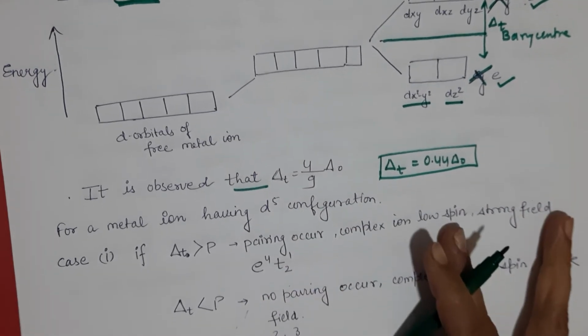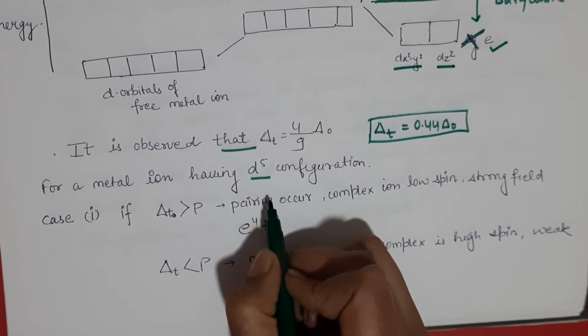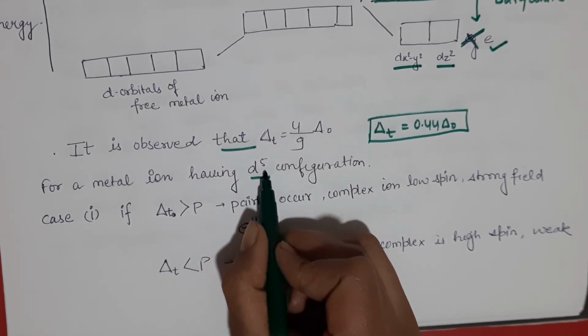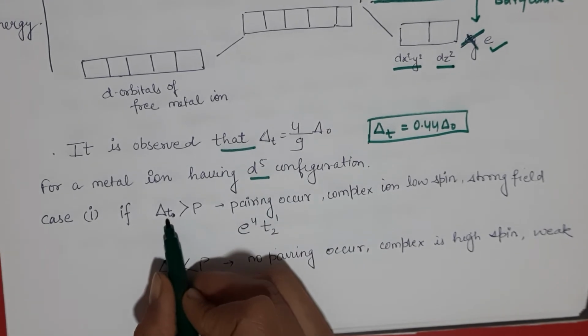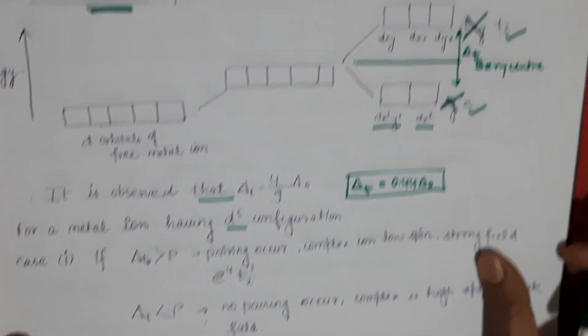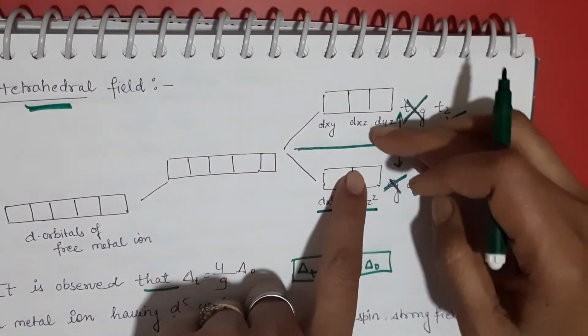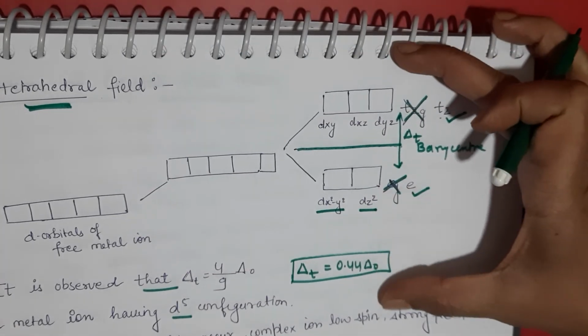Okay. So let's say we have to write the electronic configuration in tetrahedral. So if it's a d5 configuration, it's an example. If you have a d5 and delta T is higher than delta P, delta T is higher means this gap is very much high.